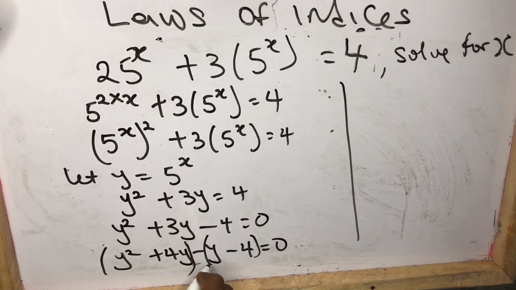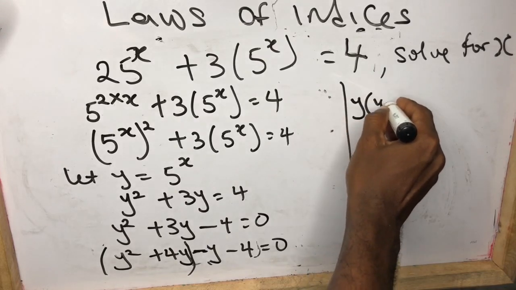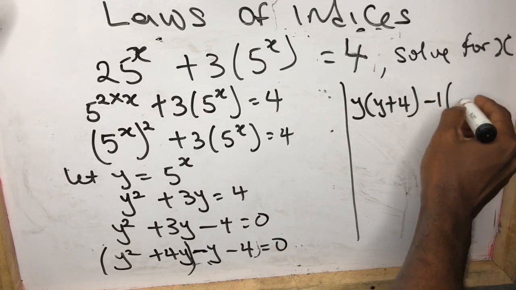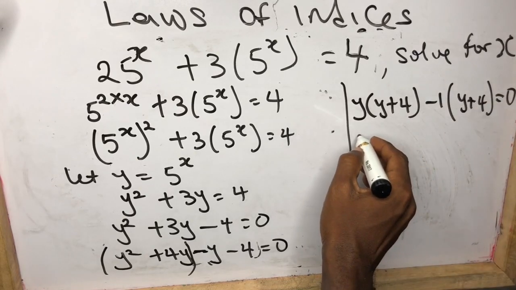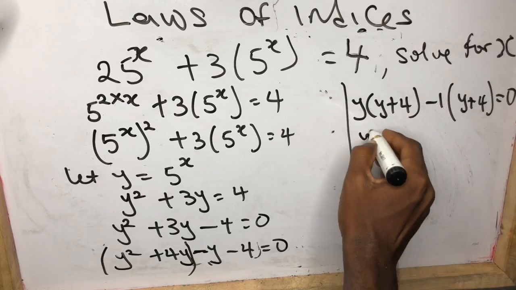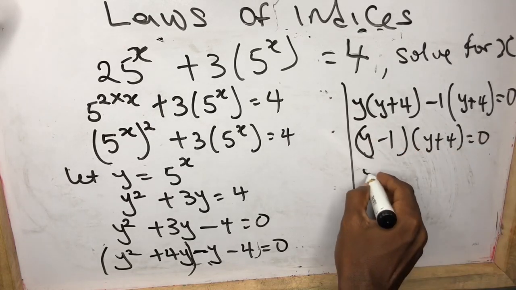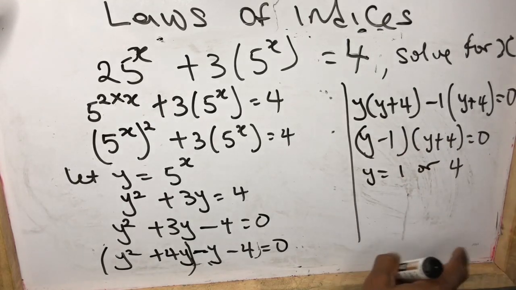If you factorize, you have y into bracket y plus 4, and the next one will be minus 1 into bracket y plus 4 equals 0. So you have y minus 1 into bracket y plus 4 equals 0. So we are now left with y equals 1 and y equals minus 4.